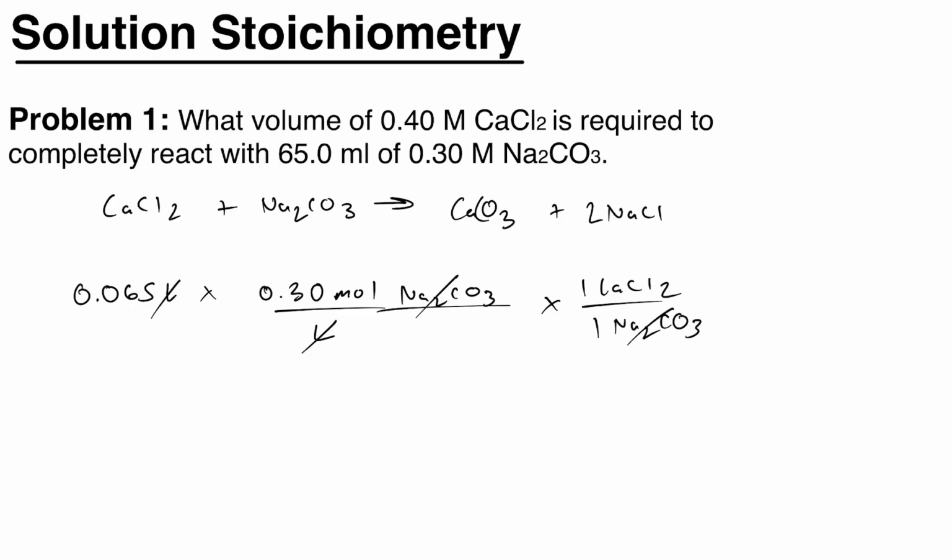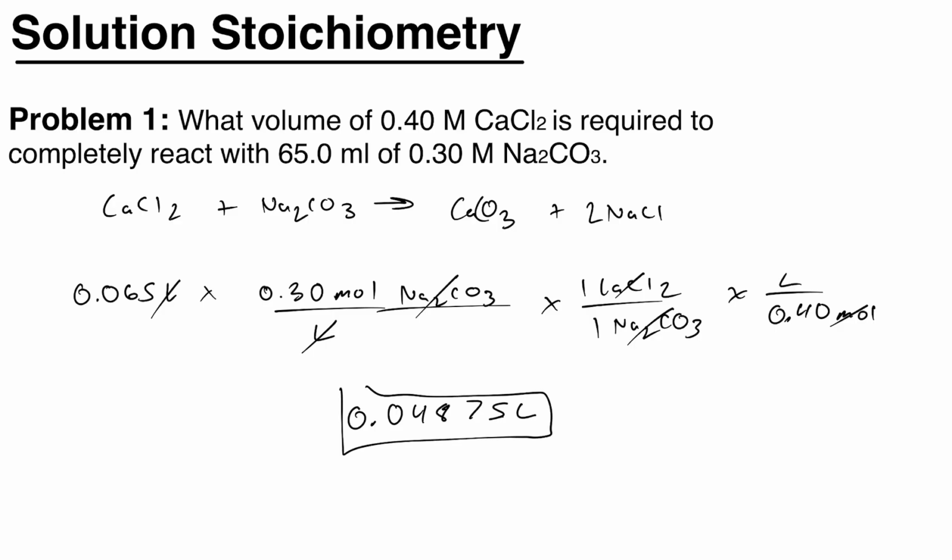And as our last step, we're simply going to divide by the concentration, or we can write it as 0.40 moles with liters on top. And here, the moles are both going to cancel and we're going to be left with a volume. And when you plug this all into a calculator, you get 0.04875 liters.